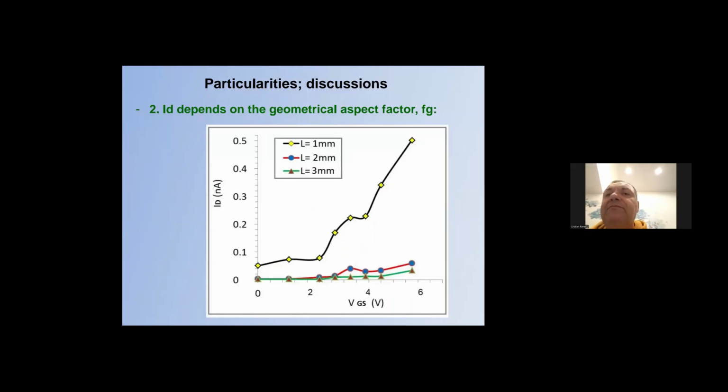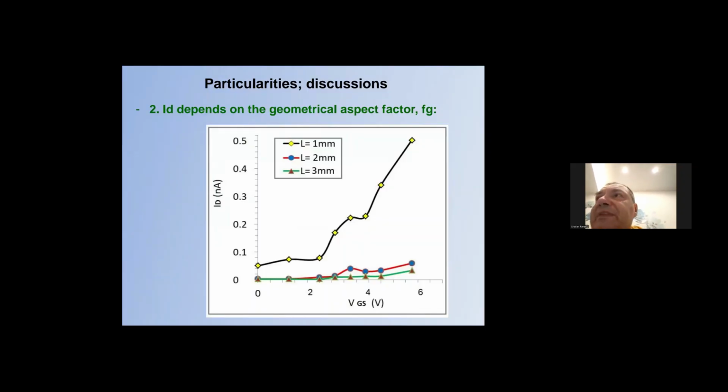Another particularity is that drain current depends on the geometrical aspect factor, Fg, which, as is usual for any transistor, is W, the width of the transistor, over L, the length of the transistor, multiplied by mobility and multiplied by the specific capacitance of the insulator.